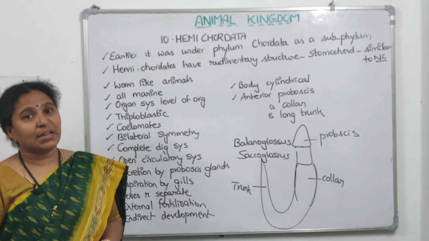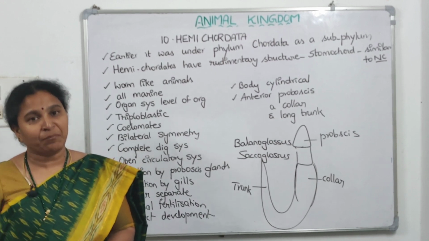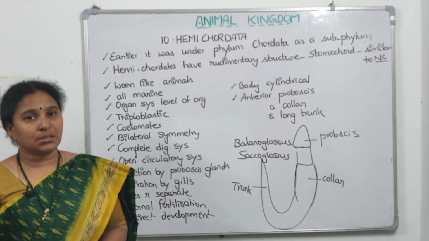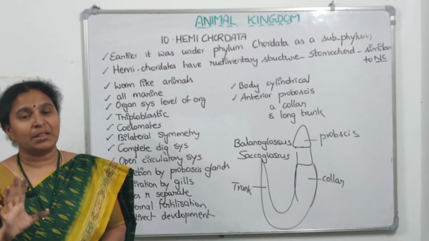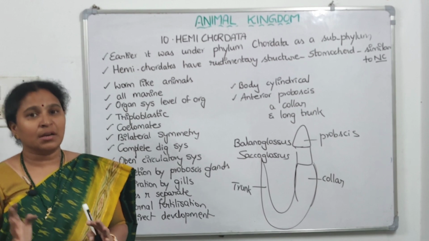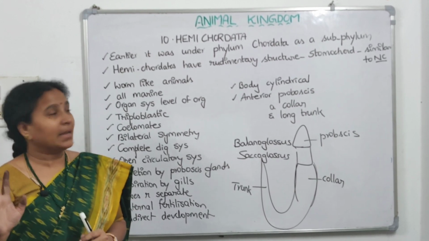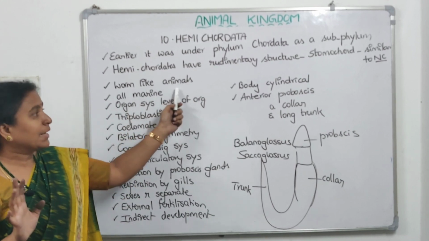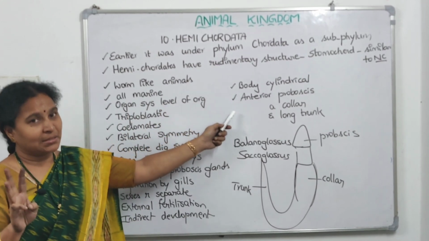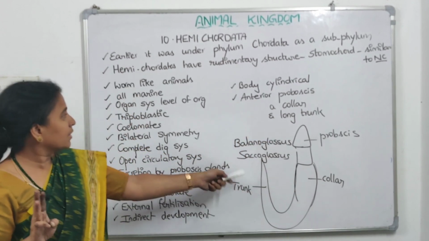Quickly let us revise once again hemichordata. Earlier it is kept under a phylum chordata and was given a status of subphylum because they thought the stomochord was notochord. Now when they felt both are different, they removed it from chordata and brought it under hemichordata and gave it a status of a phylum, right? All of them are marine only and they are worm-like animals. Body will be cylindrical. Body has three parts: anterior proboscis, middle part is collar and it has an elongated trunk.